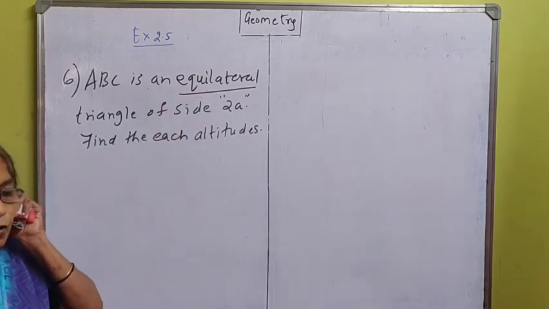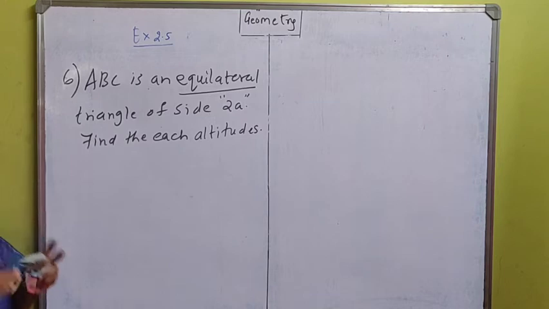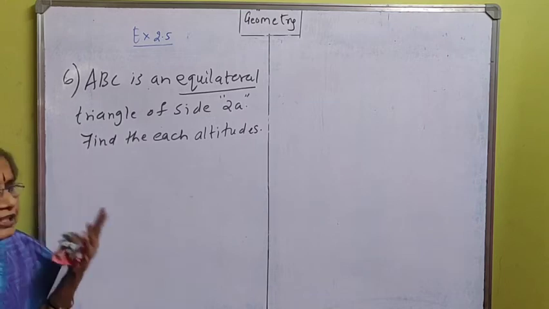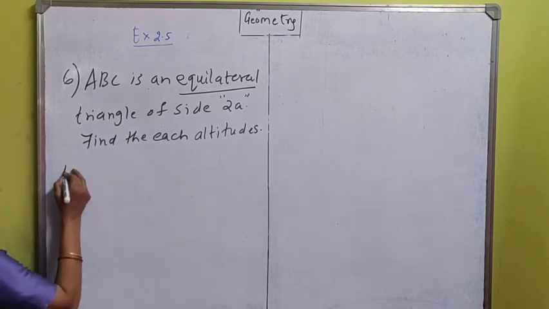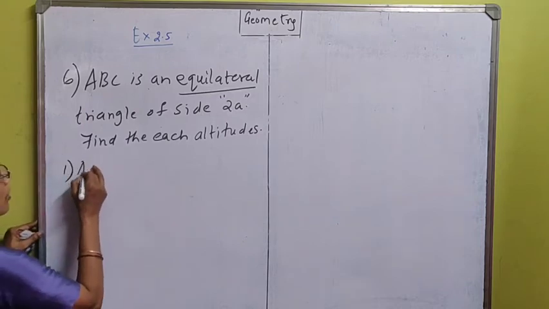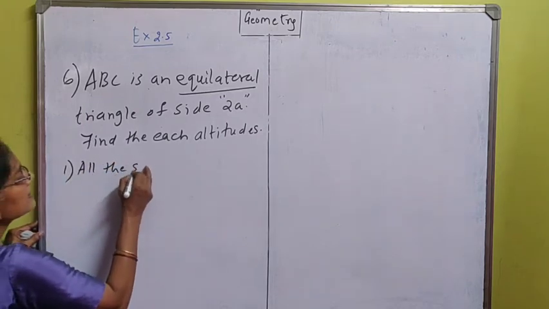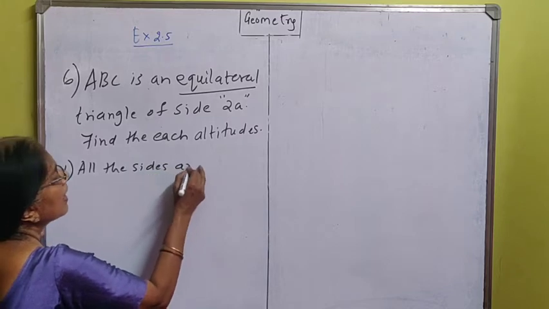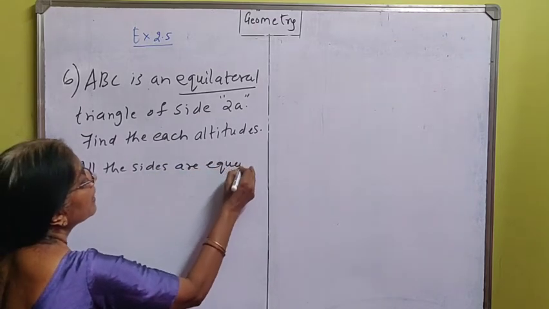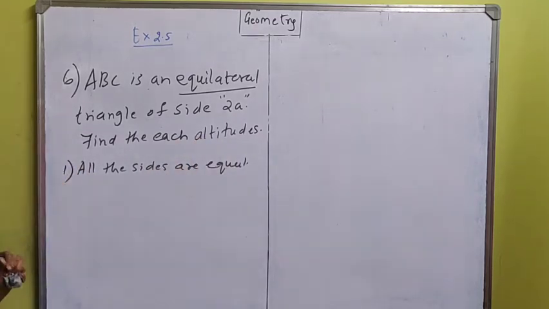Equilateral triangle. What is meant by equilateral triangle? A triangle where all the sides are equal. So the first property of equilateral triangle is what? All the sides are equal. Very important property of equilateral triangle.